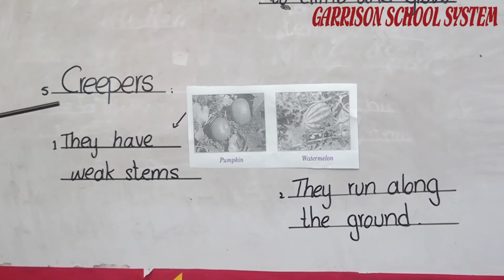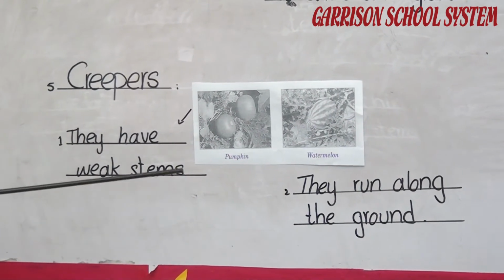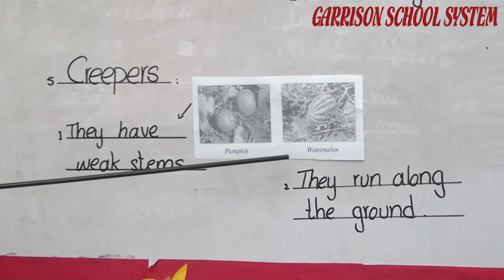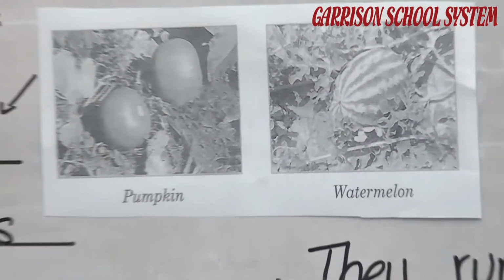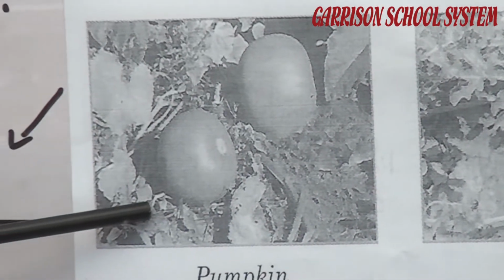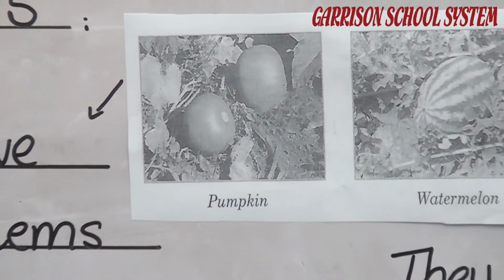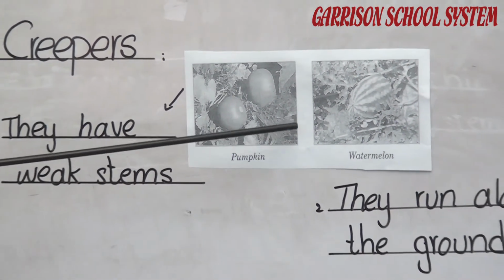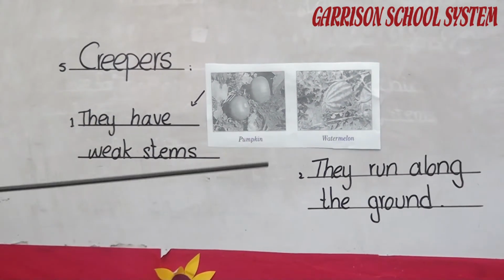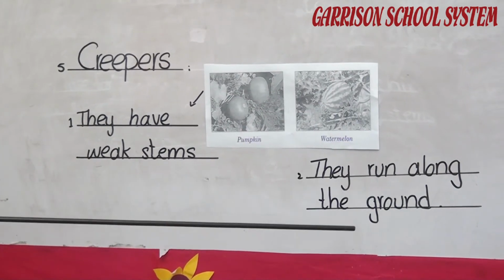You can see here pumpkin and watermelon. Creepers have weak and thin stems and the fruits which they contain are very heavy. The stems are weak, so they can't bear the weight of these objects. So that's why they run along the ground.